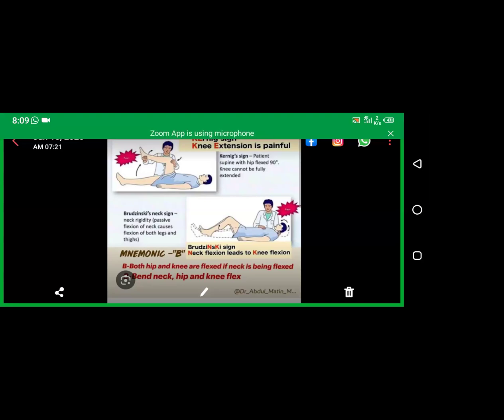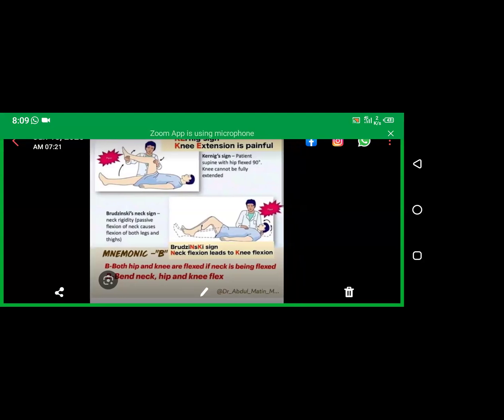He has also flexed the same right knee. But what he's trying to do now is to extend that right knee, to make it become straight. But a patient with Koenig sign will not permit that because of pain. The person will have such severe pain that the person will resist that right knee from being extended. So when we have this, we say that's positive Koenig sign.